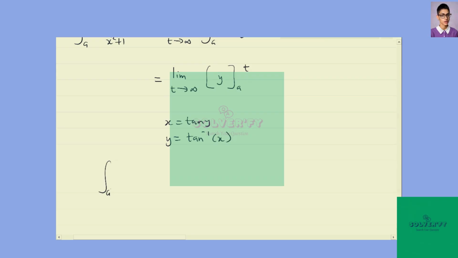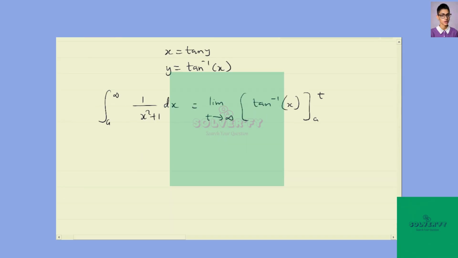So the whole thing now equals the limit as t approaches infinity of the tan inverse of x, a to t.